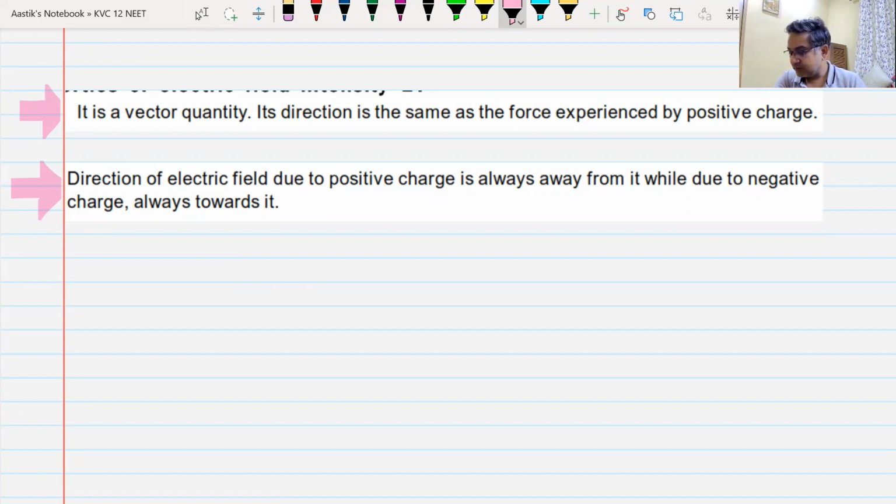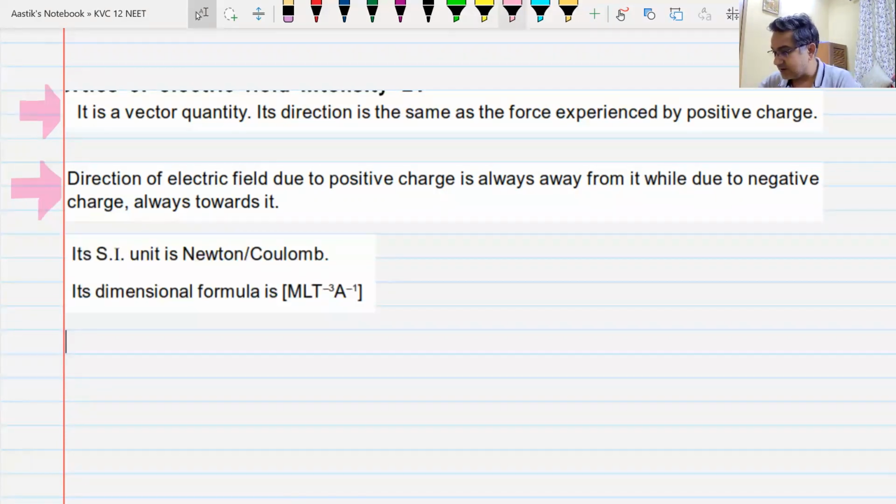Yes, sir. Dimensions, remember, these are very important because we normally forget these dimensions. So remember, the SI unit is Newton per Coulomb and the dimensional formula is M L T^-3 A^-1, because they ask you many times the dimension of electric field, epsilon naught, mu naught.